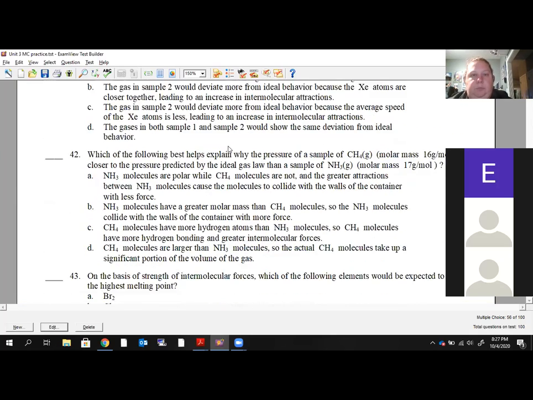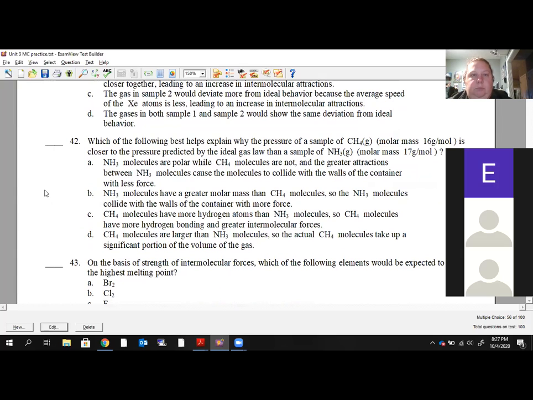I thought that when it hit the walls of the container with less force, that didn't matter, like the amount of force. Yes, it does. Pressure comes from both the number of collisions and the force of those collisions.